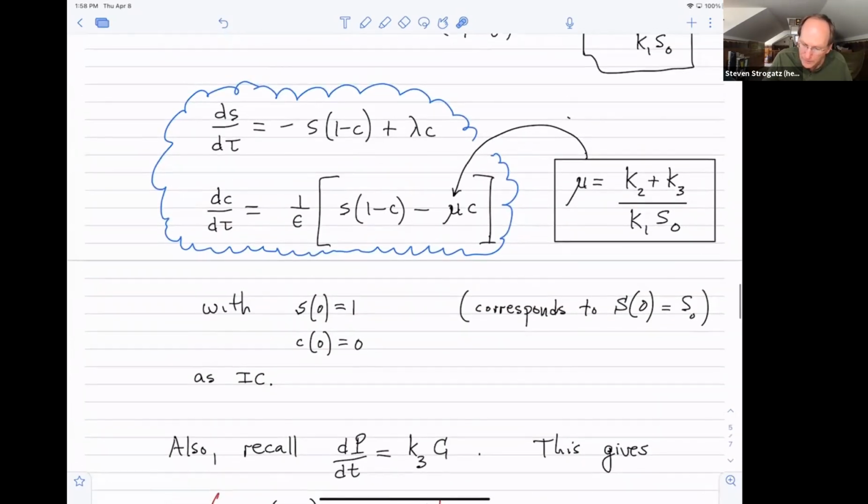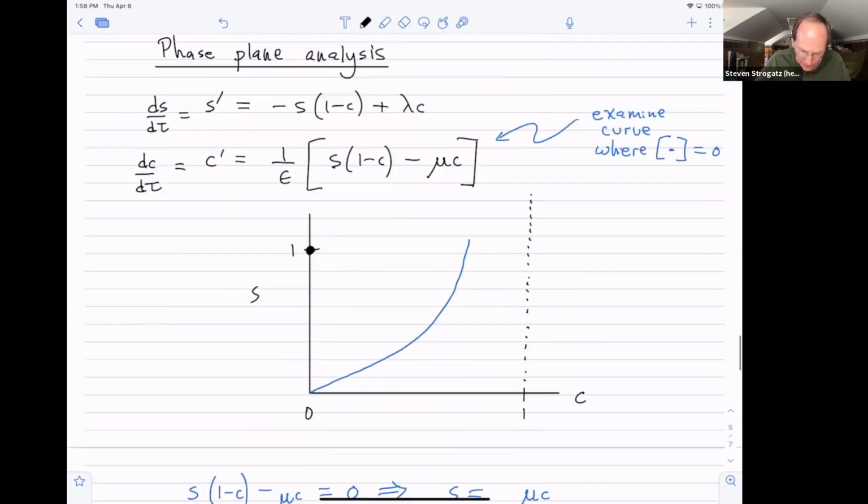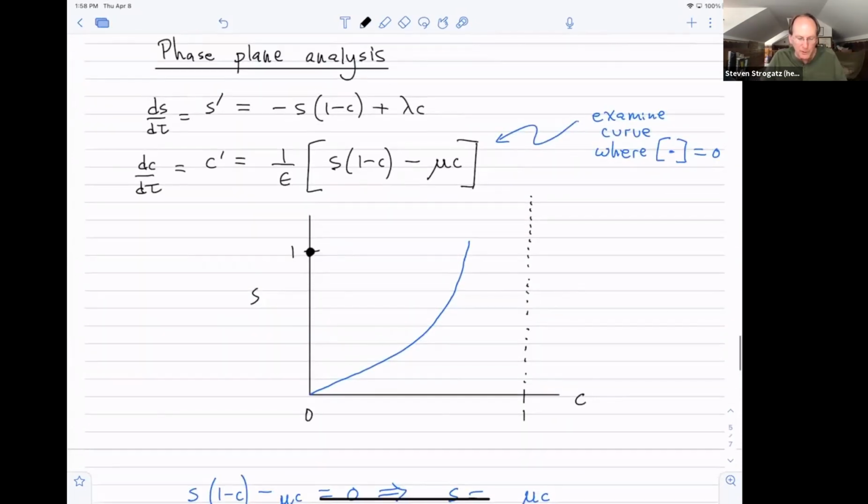I didn't say that, but let's just assume that lambda and mu are nothing special. They're just order 1 relative to epsilon going to 0. They're just some moderate numbers. So with those assumptions, this S prime is order 1, whereas this term is order 1 over epsilon.